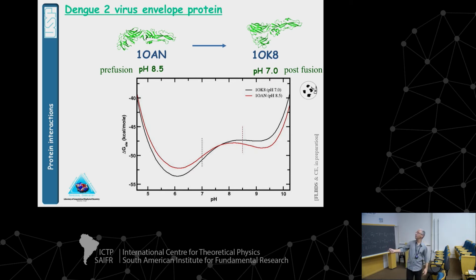You can see that they are more stable at this pH in nature. And also, you can see that it's important to have pH as a trigger for most of the process. So we know that it's due to the change of the pH that you start to have the infection process, or it helps a lot at least. And this seems to be general for most viruses, by the way.